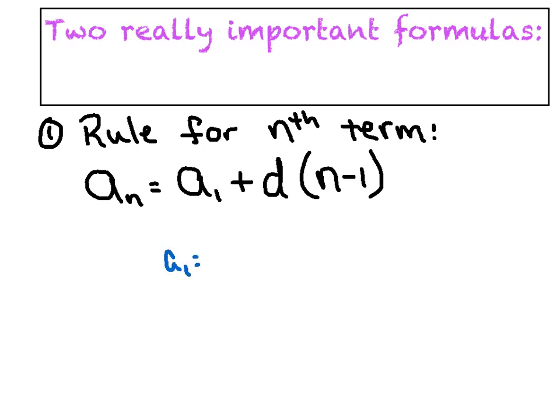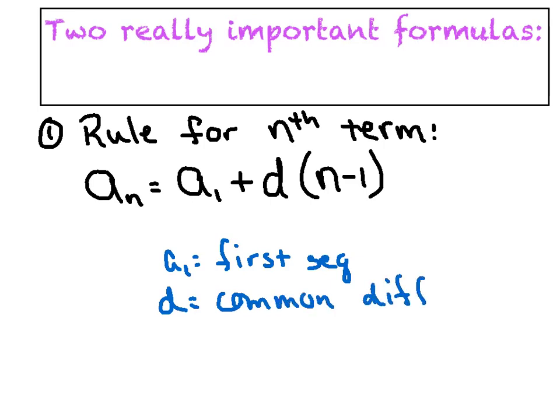Now when you look at that, just a few quick clarifications. A sub 1 represents the very first term in the sequence, so that will probably be given to you. D represents the common difference, just what we've been talking about in the last few slides, the fixed amount that keeps getting added from term to term.